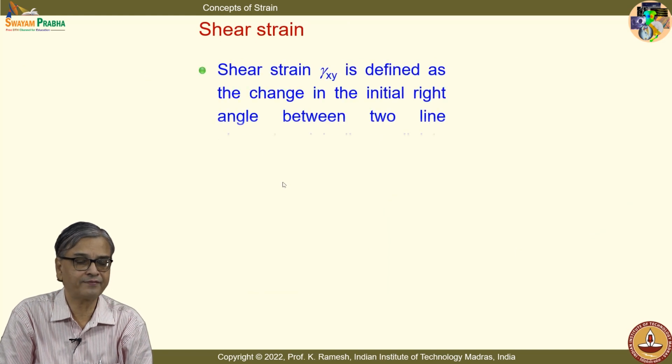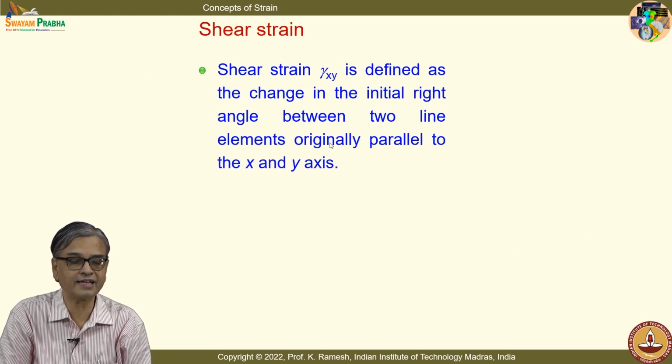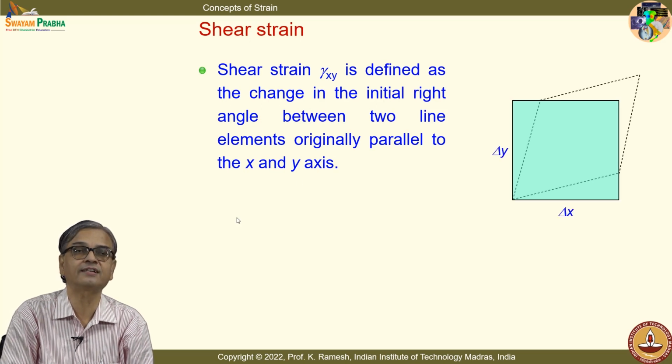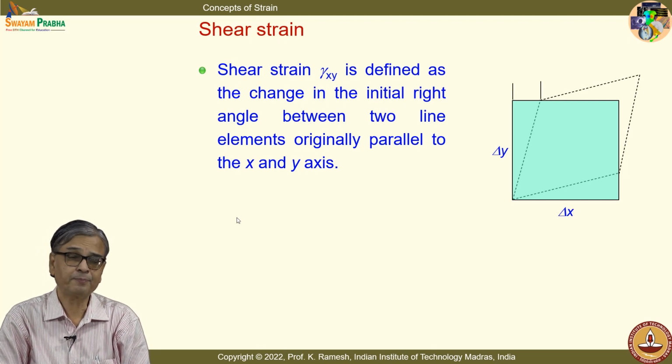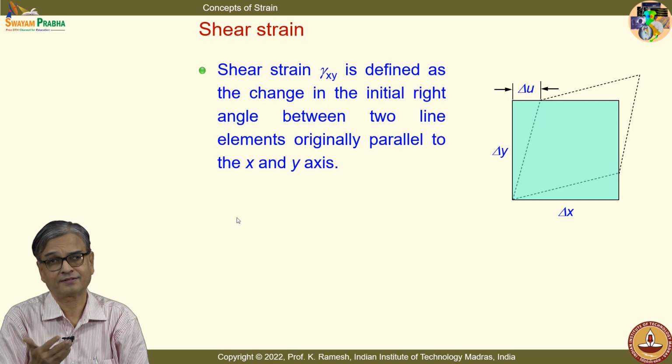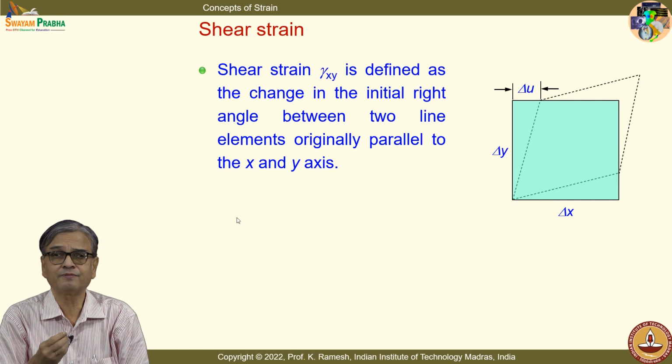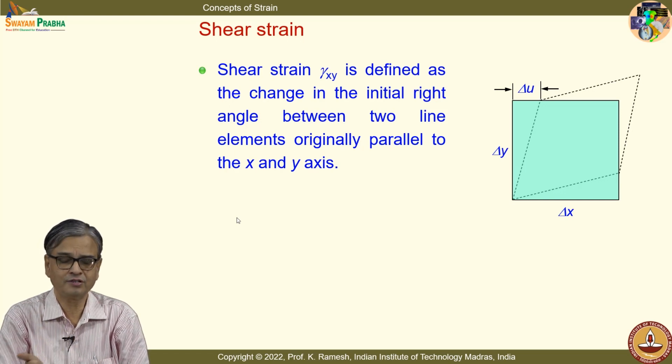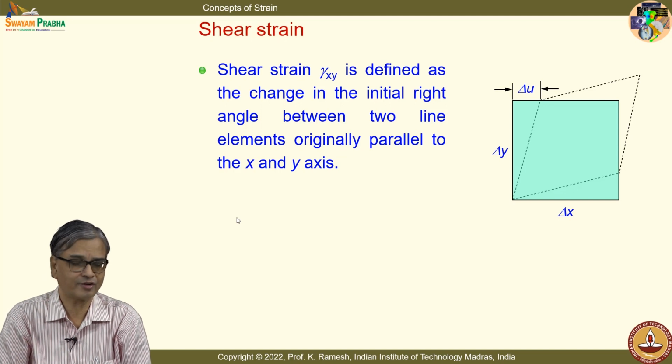Shear strain is defined as the change in the initial right angle between two line elements originally parallel to the x and y axes. For the purpose of illustration, I show these angles as very big. Fine. From your analysis perspective, these are all extremely small, less than a degree. I have shown this as maybe 20 degrees on each side, but it is less than a degree.